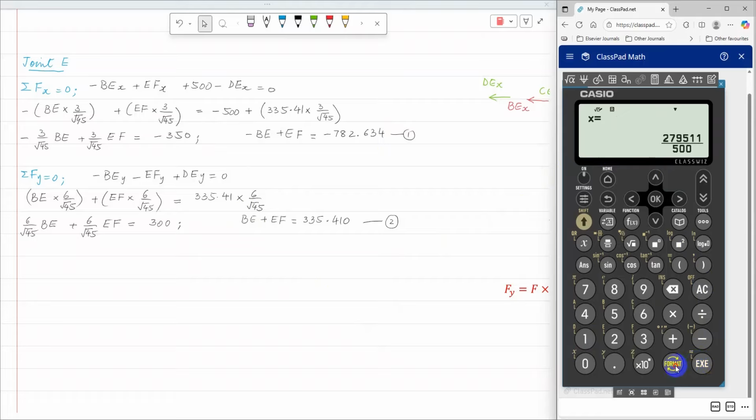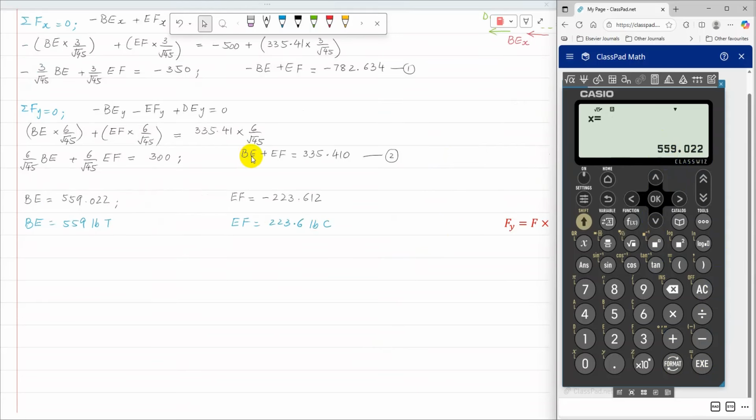So x comes as 559.002 in decimal, and y comes as minus 223.612. So x is BE, which is 559.002 positive, and y is EF, which is minus 223.612 negative. So BE is in tension and EF is in compression.